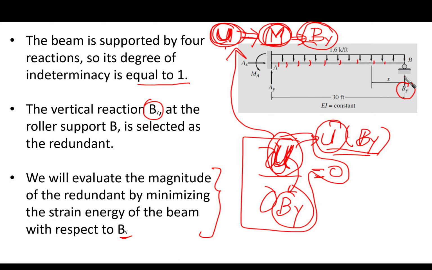Now let's assume that we are going to take this B to be our origin, and any point here can be located relative to this origin, which is B, with parameter x.